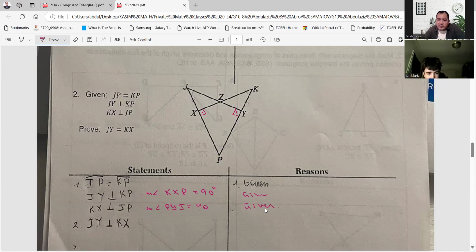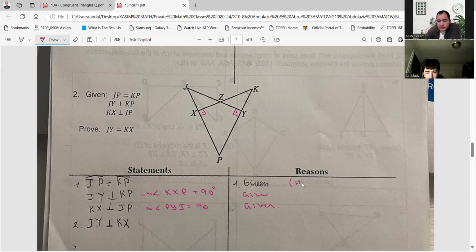And now what does HL say? HL says that if you are given two right angle triangles, and one of the legs and hypotenuse are the same, then they are congruent, right? If you look at two triangles, one of the legs, JP is equal to KP. What are these?